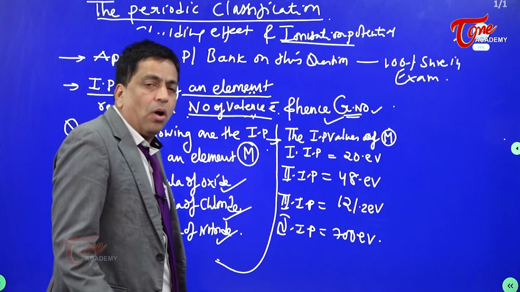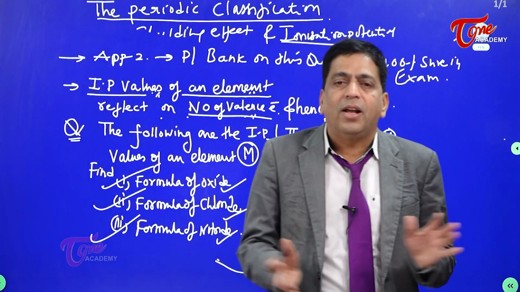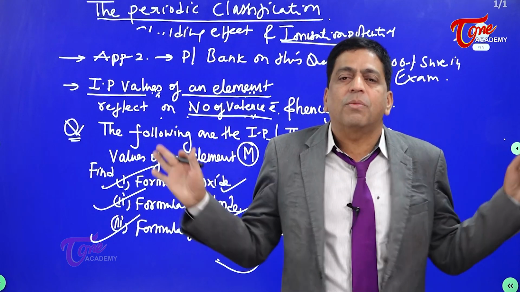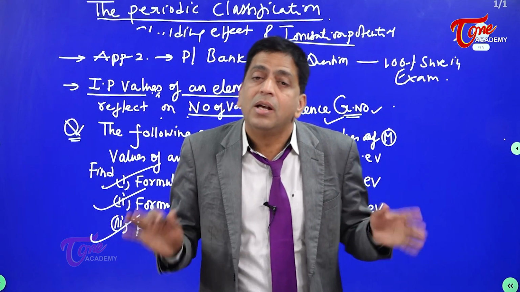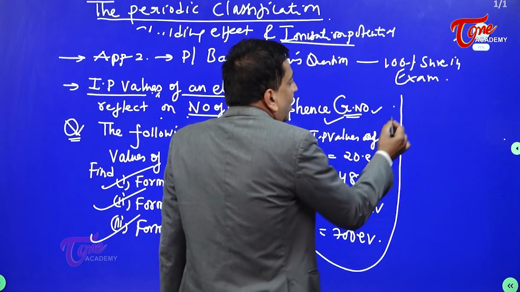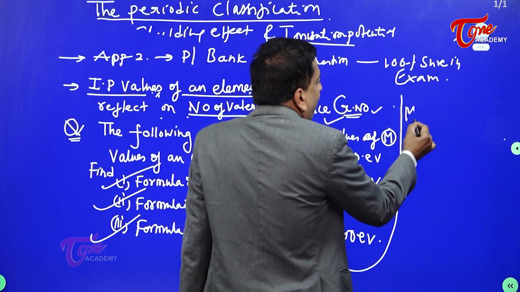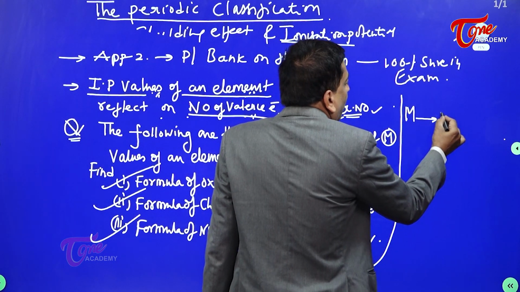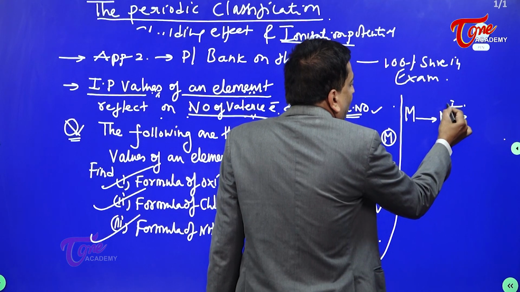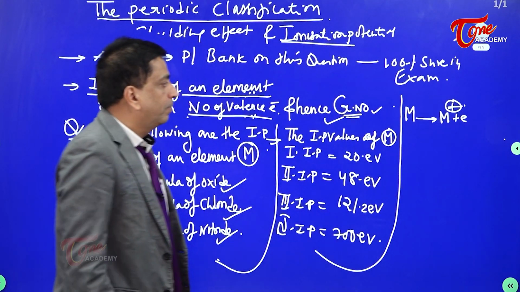Well, first of all, looking at these ionization potential values, I'm not surprised. Why am I not surprised? Because if this is the element M, and you try to remove the first electron, it develops a unit positive charge.